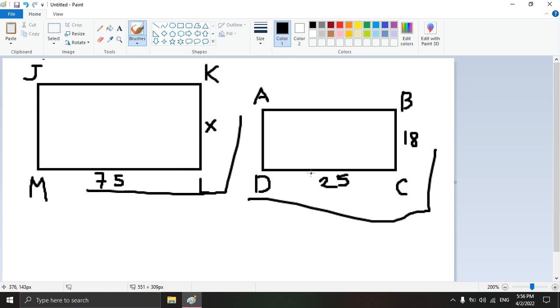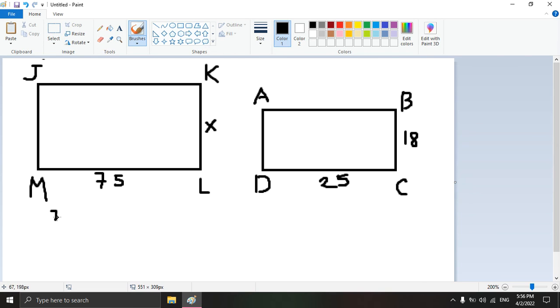So 75 over x equals 25 over 18. The 18 and 25 should not switch. The 18 is below and 25 is above, because they are proportional. 75 should be proportional to 25, or ML is proportional to DC, because they are similar. Then 75 over x equals 25 over 18.